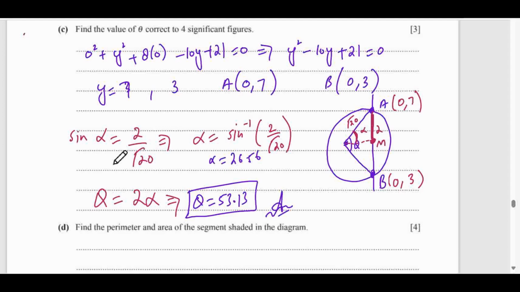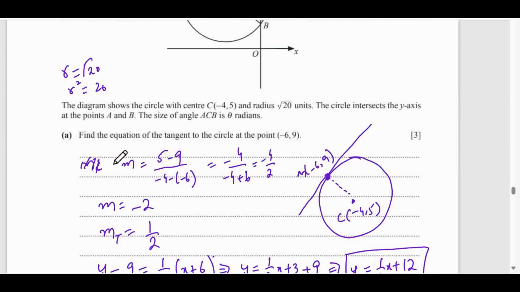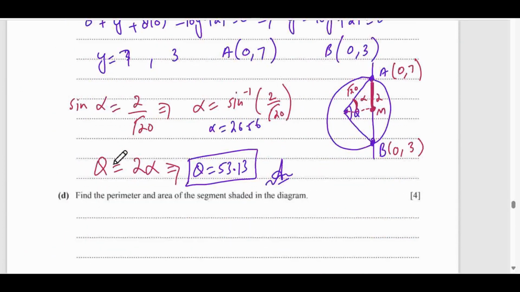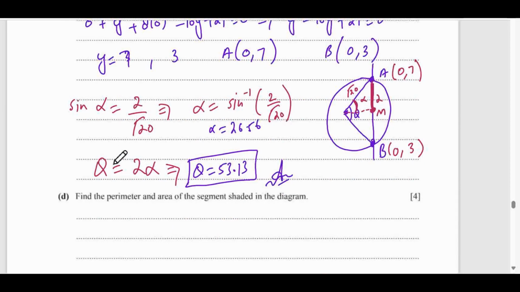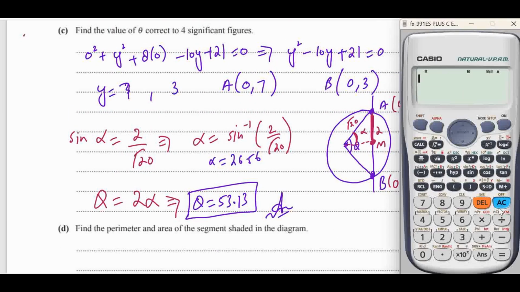But this answer is in degree mode, and they were saying that theta is in radian. So we need to convert the calculator into radian mode.